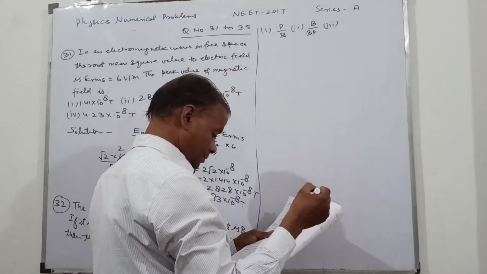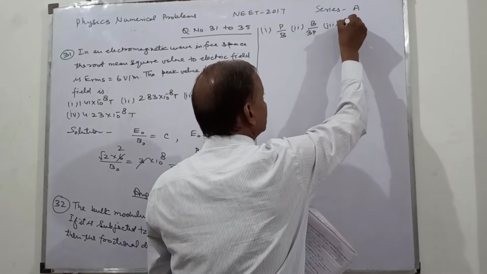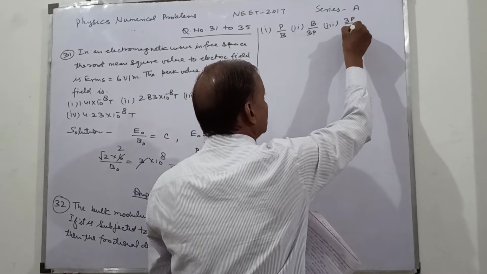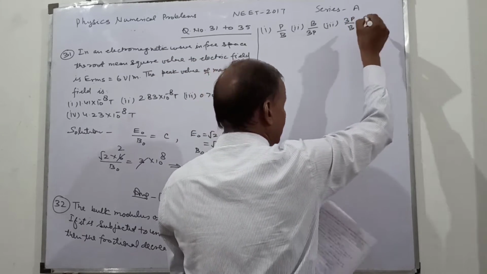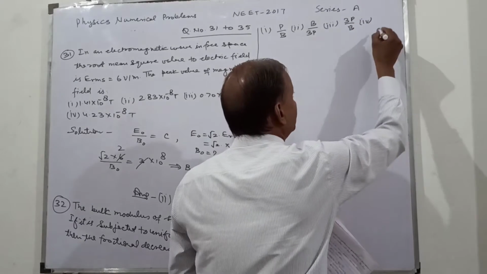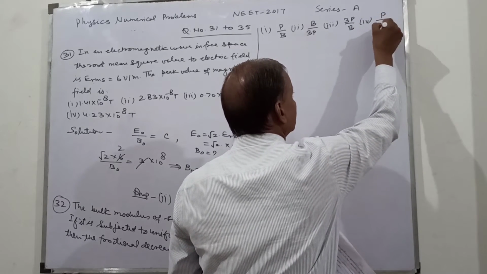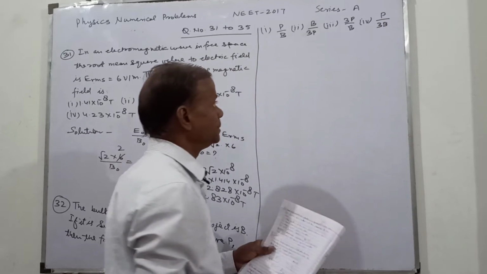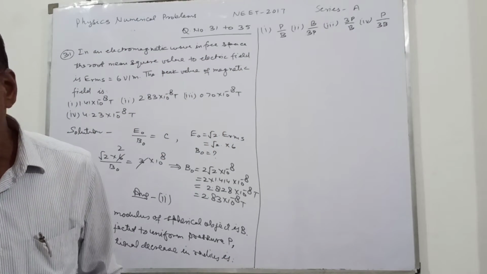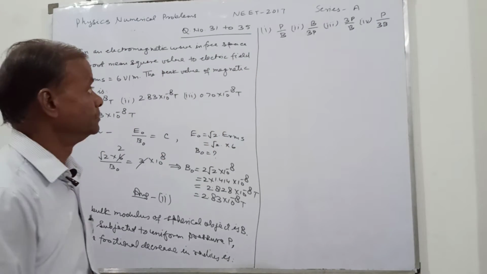And third is 3P upon B. And fourth is P upon 3B. These are the options. You are given the bulk modulus.